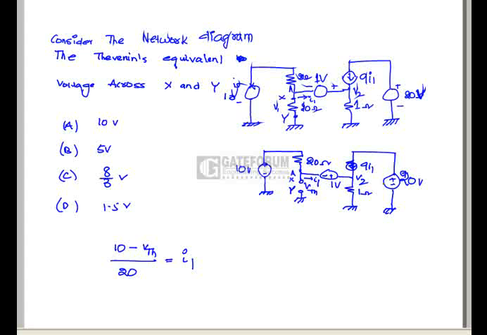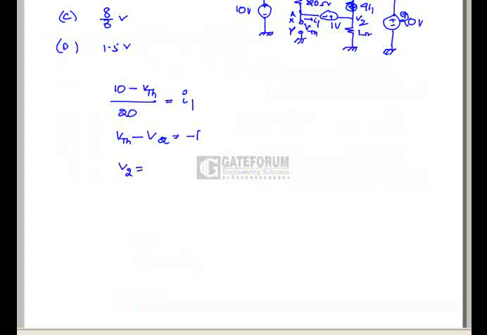Here, indicated with 2: V Thevenin minus V2 equals minus 1 volt, V2 equals 10 I1. So V Thevenin equals minus 1 plus 10 I1, so I1 equals (V Thevenin plus 1) by 10.